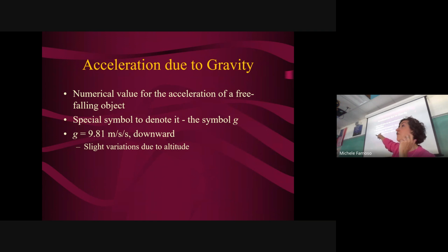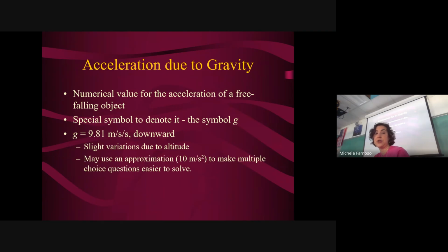So if you lived in Denver, Colorado, you're probably using a value of like 9.76 meters per second squared instead of 9.81. They're about 2,000 feet above sea level there. If you lived in New Orleans, Louisiana, they're below sea level there. That value is a little bit more than 9.81. It's probably like 9.82 meters per second squared. We will learn later in this course that that value gets smaller as we get further from the center of the Earth. It's dependent on our distance from the center of the Earth.